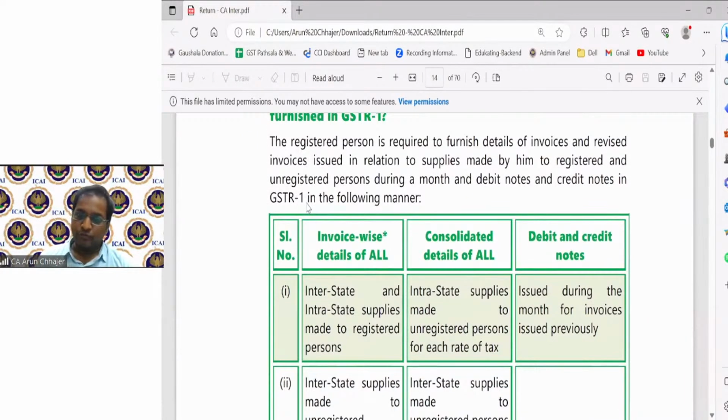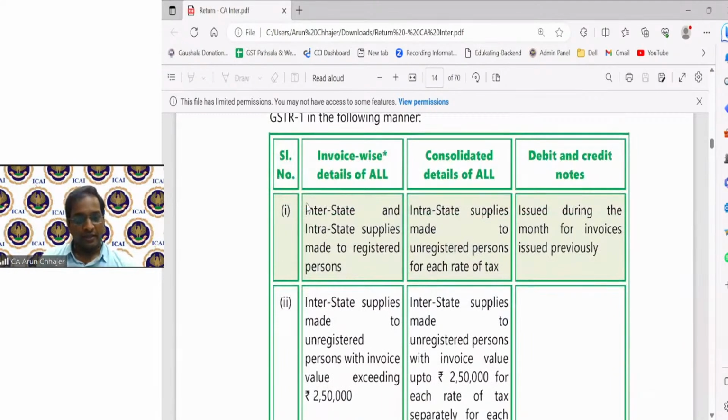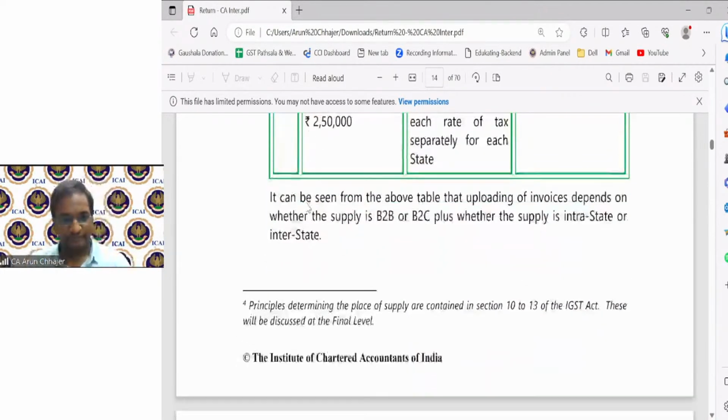If it is B2B, we have the separate invoice, separate debit credit note. If it is B2C large, then again separate. If it is intra-state up to 2.5 lakh, whether it is inter or intra, and in case of inter, up to 2.5 lakh, these debit and credit notes will be put consolidated.